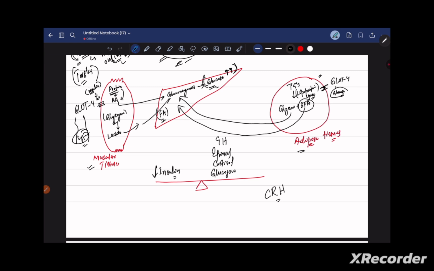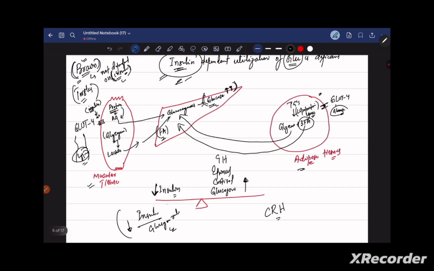Means when insulin goes down, the concentration of these hormones increases, and the insulin-glucagon ratio goes down.